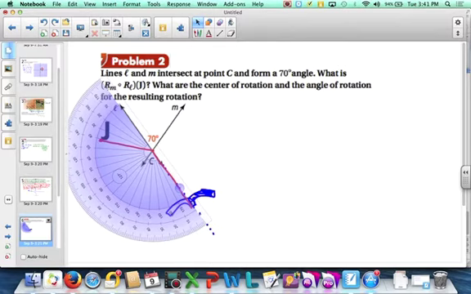I don't know if you can see it on your screen, but what I'd like you to notice is the measure of this angle.